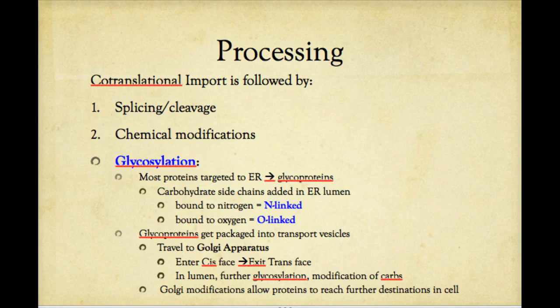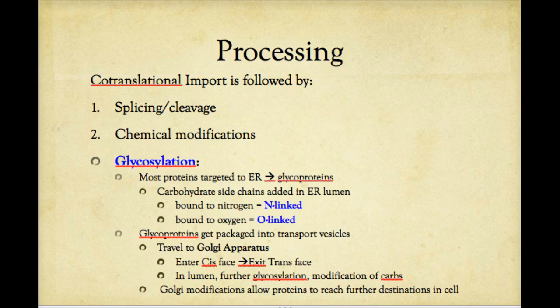Now, once a protein gets co-translationally imported into the RER lumen, all the things that we talked about in the first part of this topic are going to occur. So this includes, remember, first off, splicing and any cleavage that needs to happen. Secondly, chemical modification.